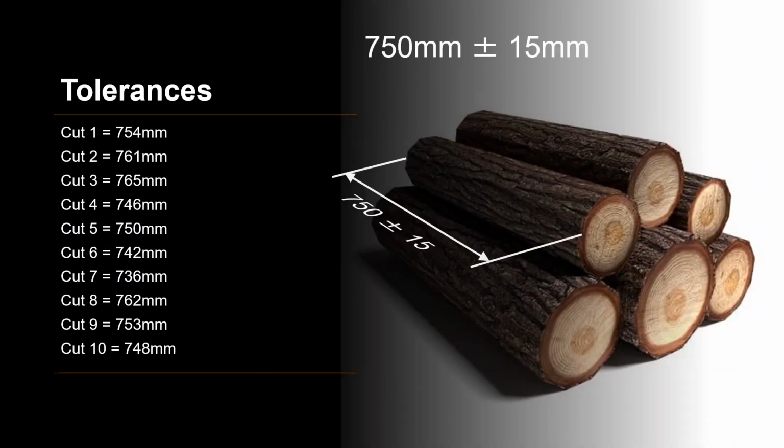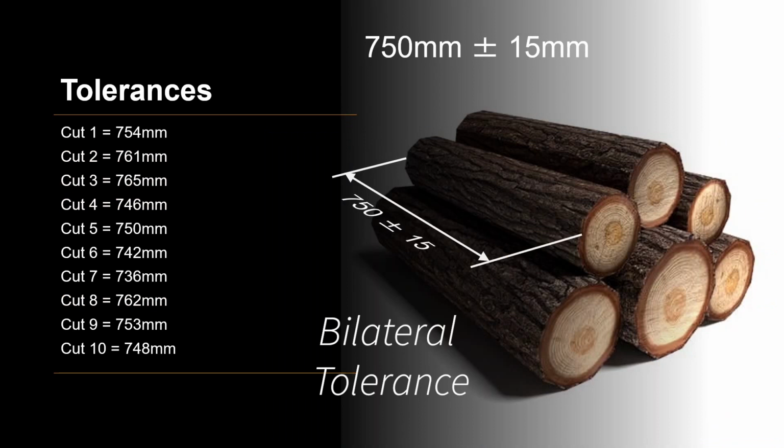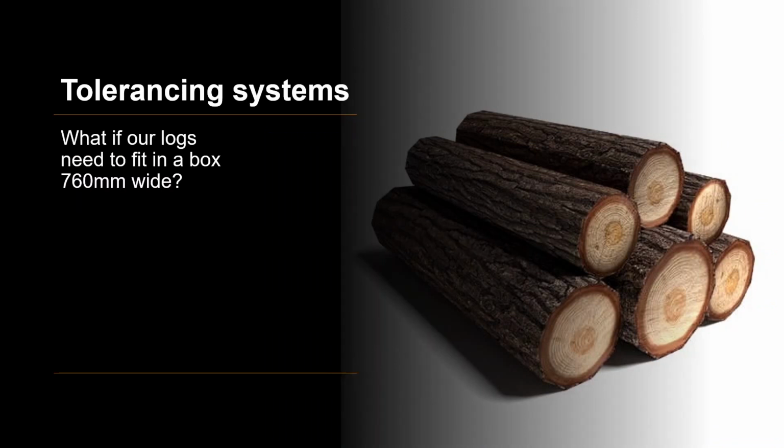But there are other ways of tolerancing something. For example, we can have a bilateral tolerance. What, for example, if our logs needed to fit in a box that was 760mm wide? We set our base dimension at 750, which is what we really want. We could allow the logs to be up to 10mm longer, and we'd also have a specification where we'd allow them to be 15mm shorter.